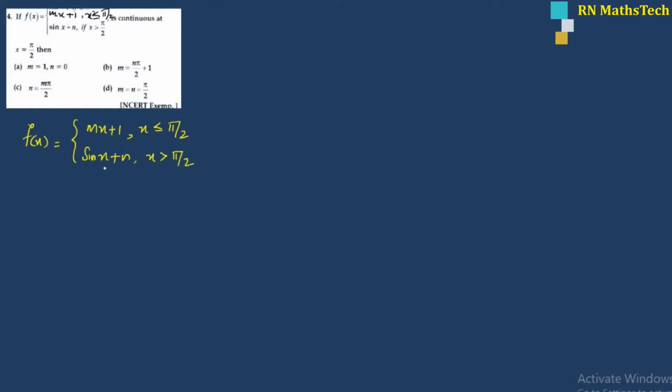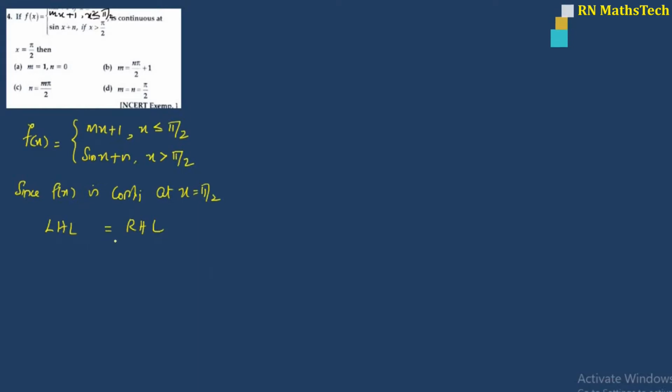Okay. Now since f of x is continuous at x is equal to pi by 2, left hand limit is equal to right hand limit.